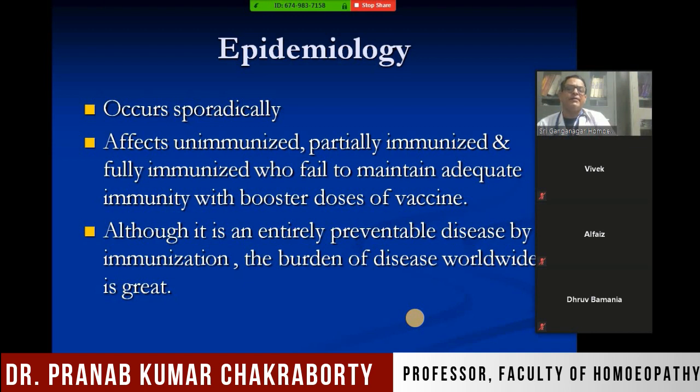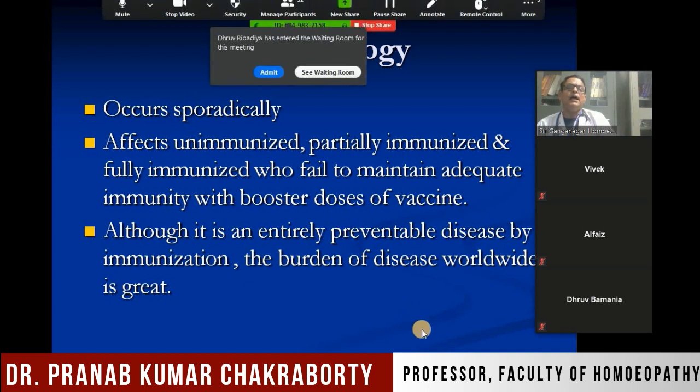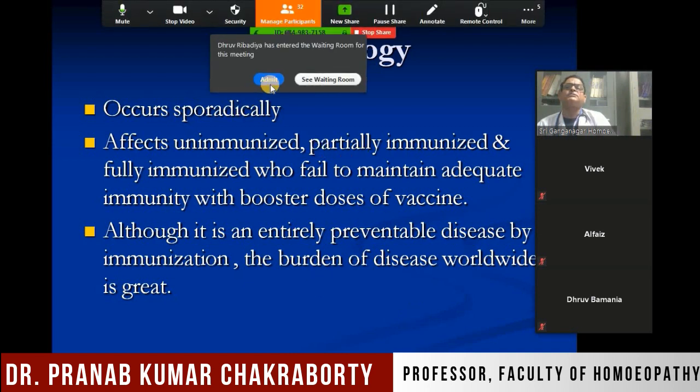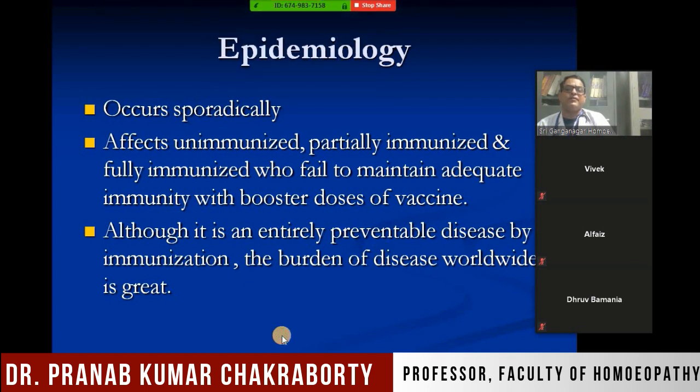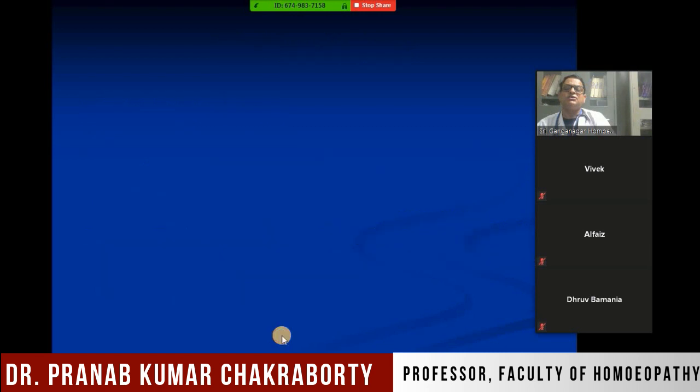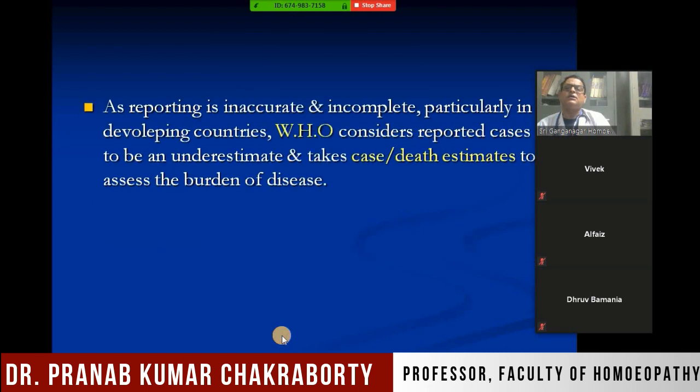Entirely it is a preventable disease by immunization, and worldwide people all over the world are affected by this disease. WHO also considers reported cases to be underestimated and uses case death estimates to assess the burden of the disease.